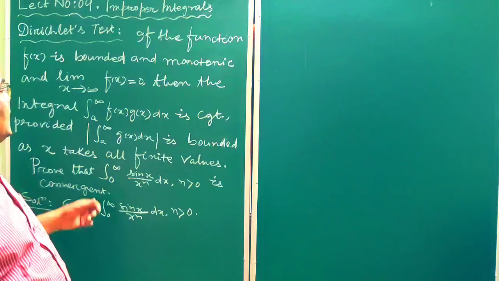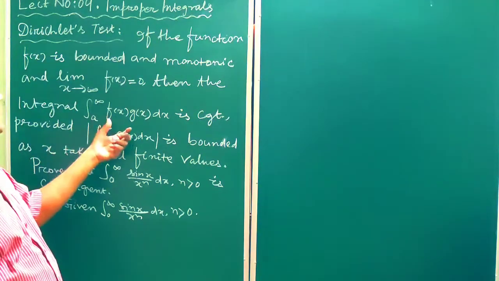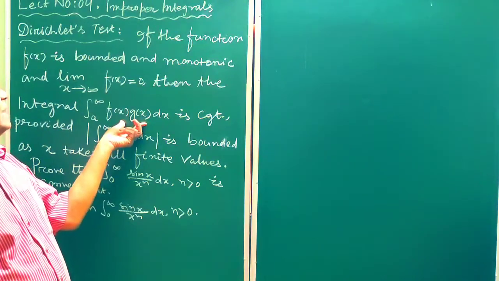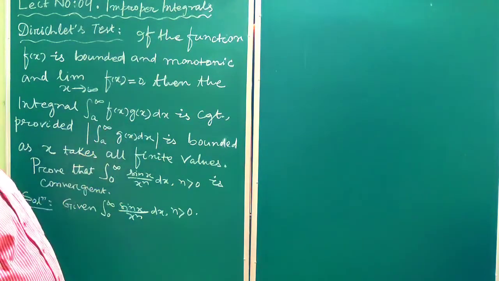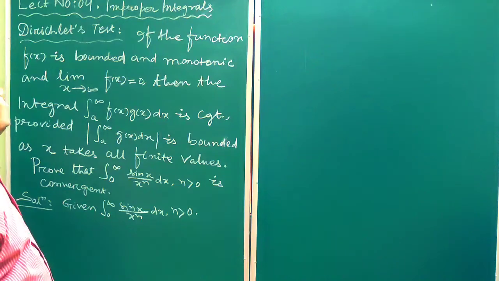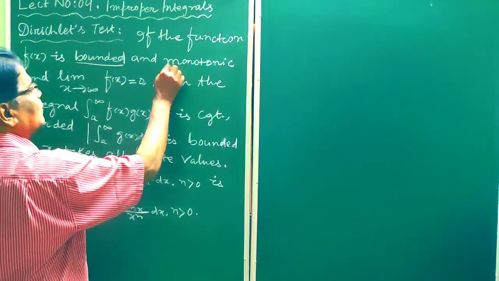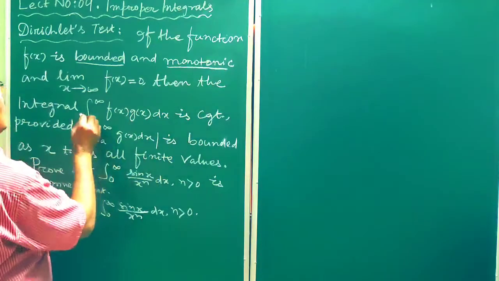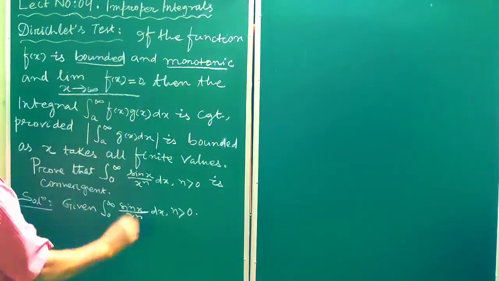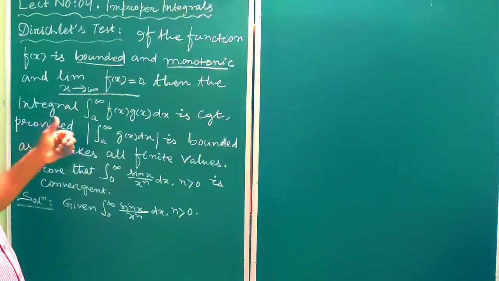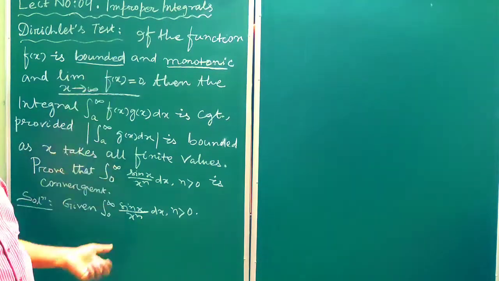So here we have to test the convergence of a product of two functions. The function f(x) that we choose must be bounded, second monotonic, and third, the limit as x tends to infinity of f(x) must be 0. It means the function should be a bounded function.